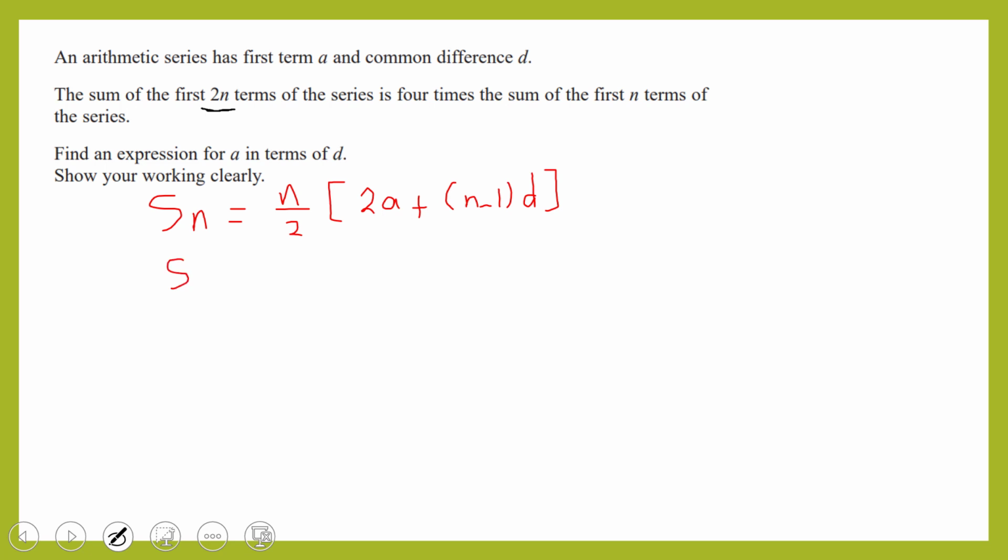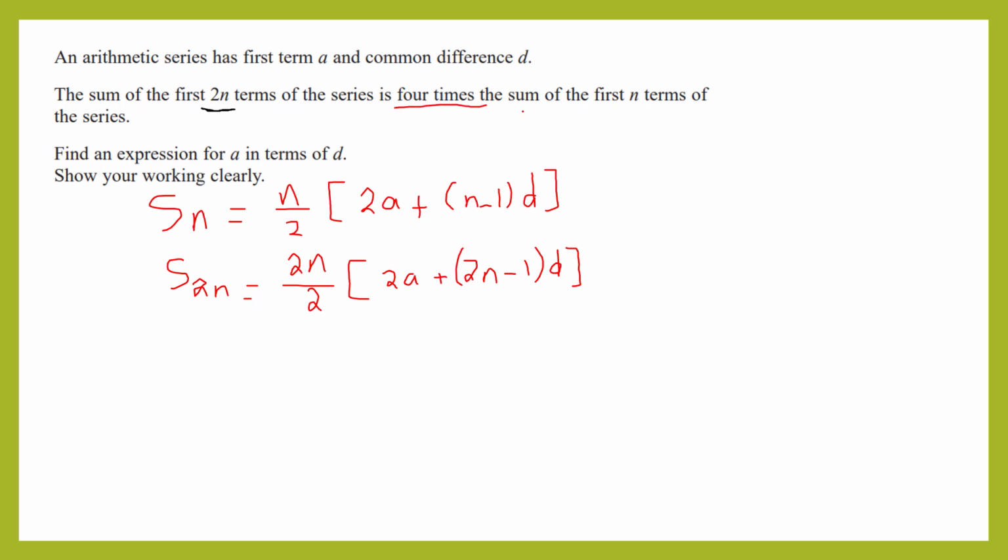So S of 2n equals 2n over 2 multiplied by 2a plus 2n minus 1 multiplied by d, and here's the formula. This one is equal to 4 times the sum of the first n, which is the original formula.